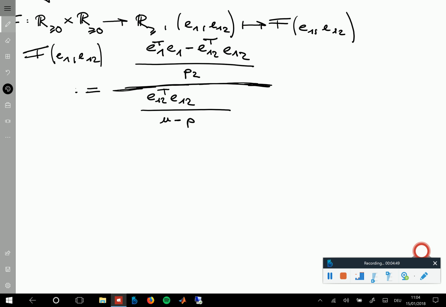And now the question is, what does it mean? What does it want to tell us? We recognize a couple of things here. So let's look at that in more detail. First of all, we recognize this numerator, maybe without the p2, because we just talked about it.